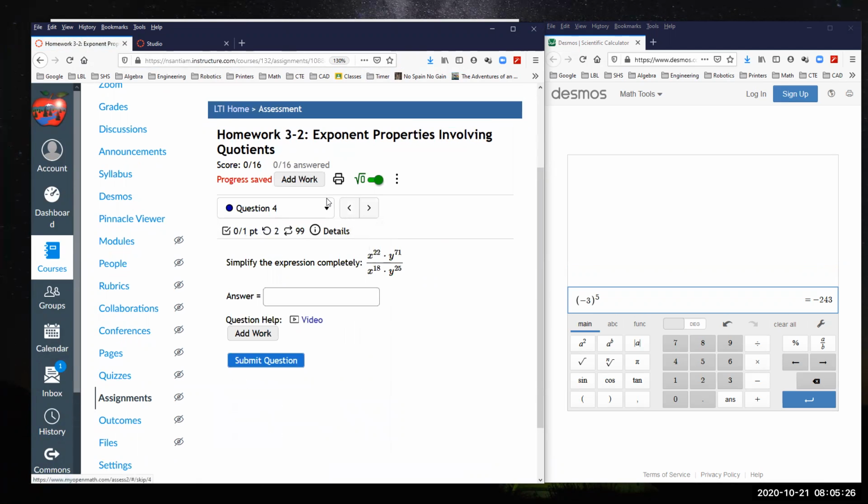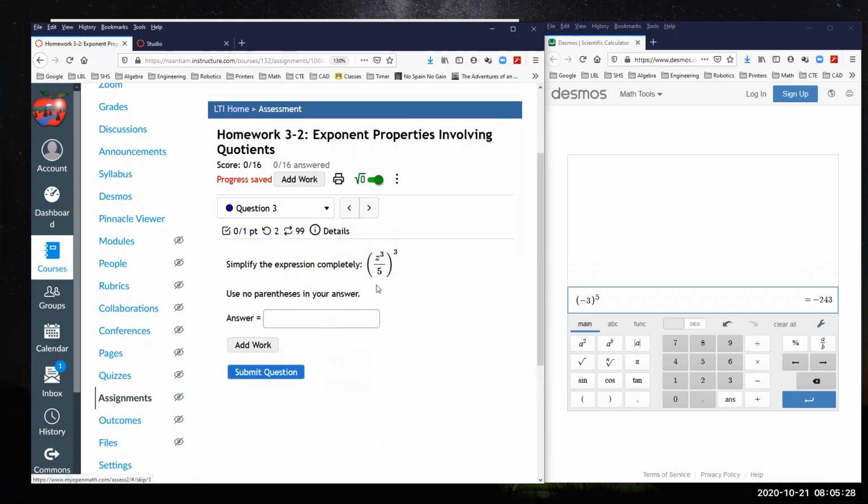And let me see if I can find an example here. This one right here. So if I look at this, this is z to the 3rd over 5, all to the 3rd power. Now this actually gets into a different topic, but it's not a difficult thing to do.